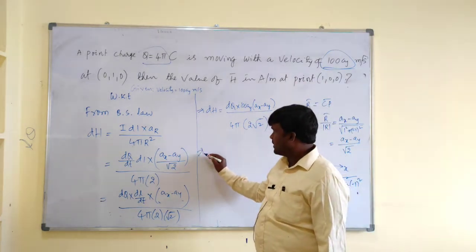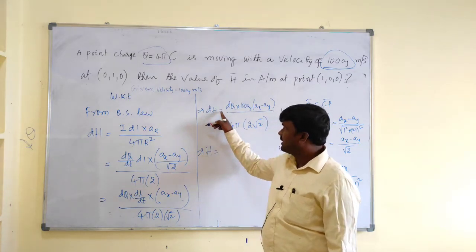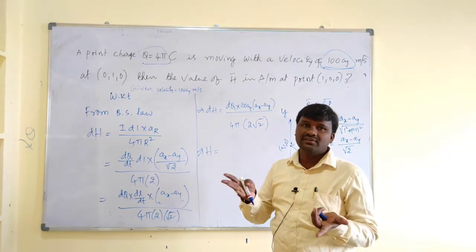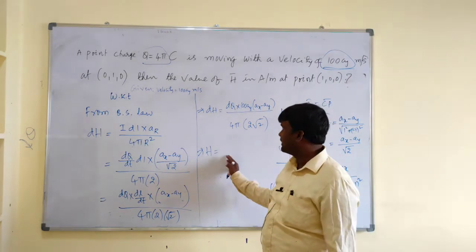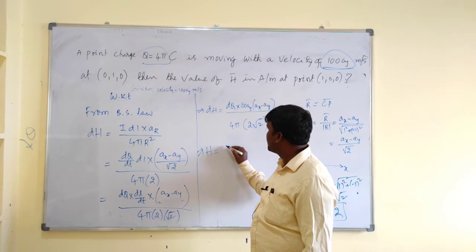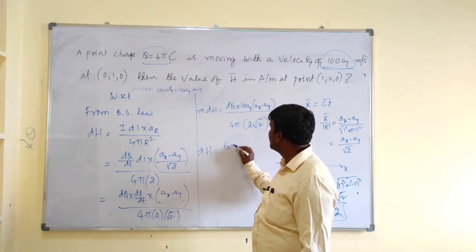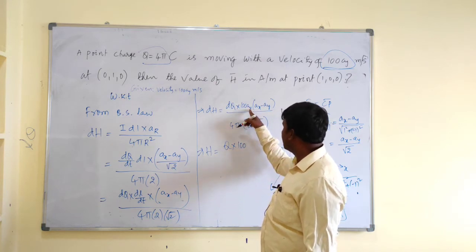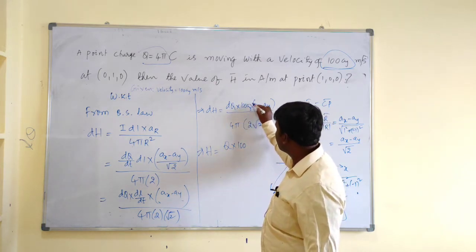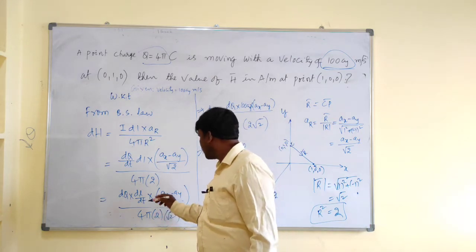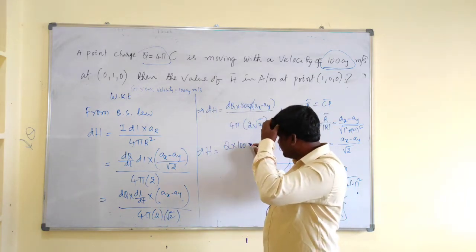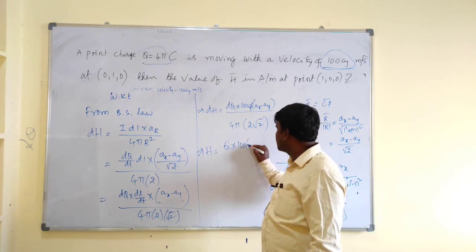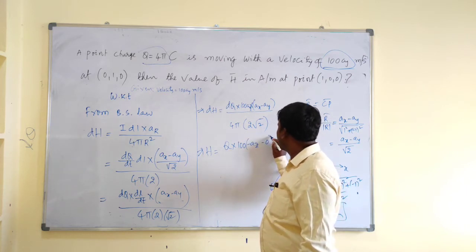Now from this apply integration on both sides. This is the differential magnetic field intensity due to the differential charge. Here H is equal to Q into 100 ay cross ax; I forgot to write the cross earlier. ax cross ay gives az, so ay cross ax gives minus az.